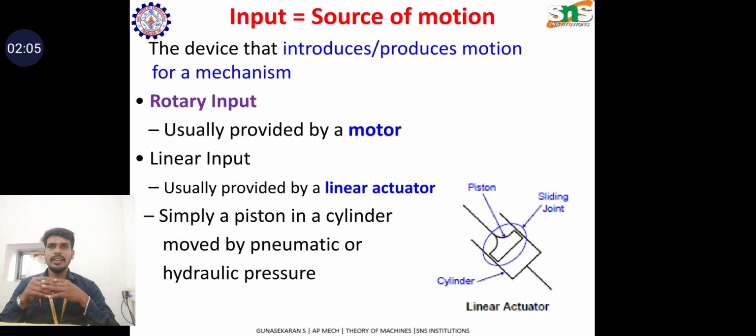These actuators are powered by pneumatic or hydraulic pressure, creating controlled straight line motions. These devices are fundamental in various machines, ensuring precise and efficient transfer of energy to achieve the desired mechanical output.